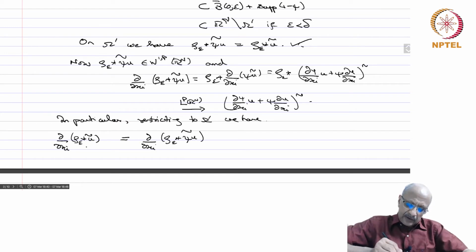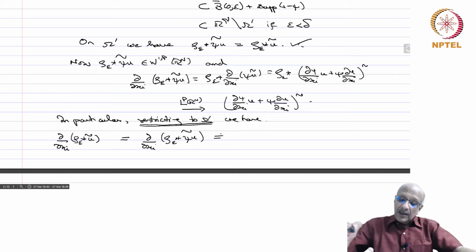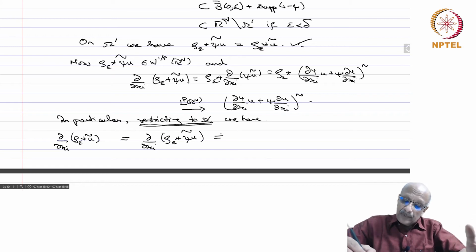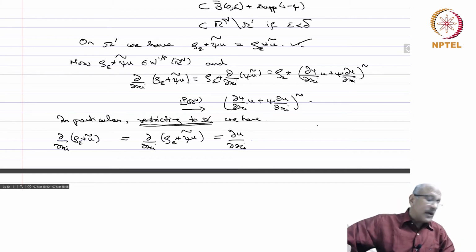So restricting to omega prime is important. And if you use the properties of psi, psi is identically 1 in omega double prime, so in particular in omega prime. So d psi by dxi is 0 and psi is identically 1, and that is just equal to du by dxi.